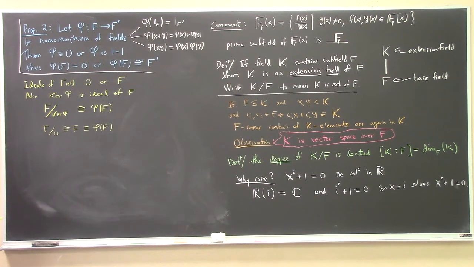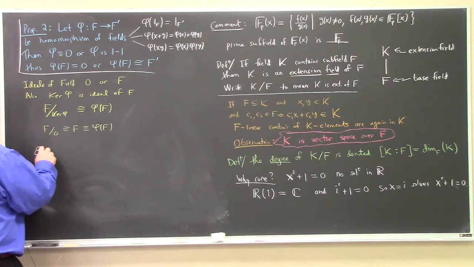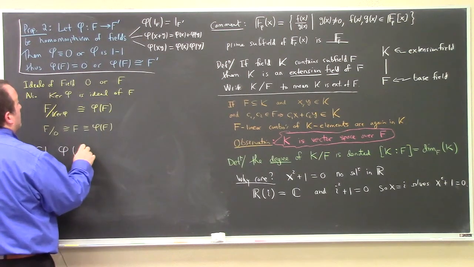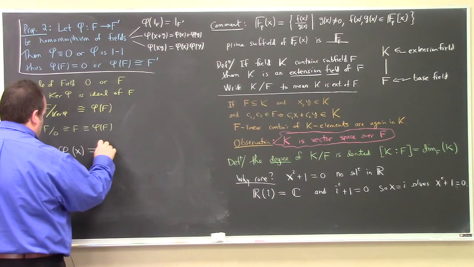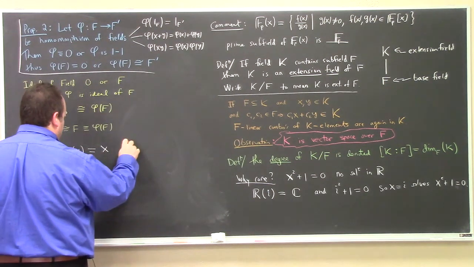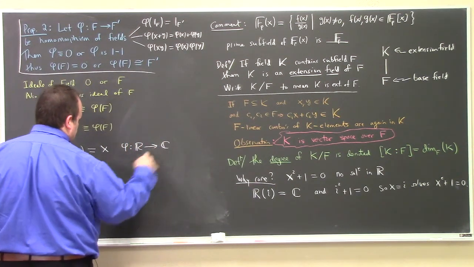No. I mean, let's see here. For example, we could do phi of x equal to x, where phi is going from the real numbers to the complex numbers.